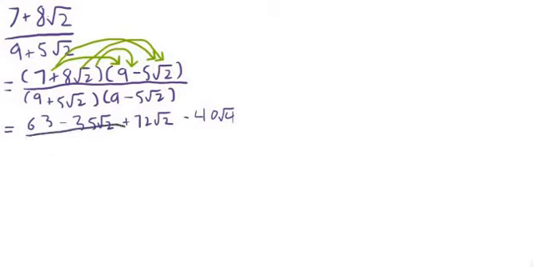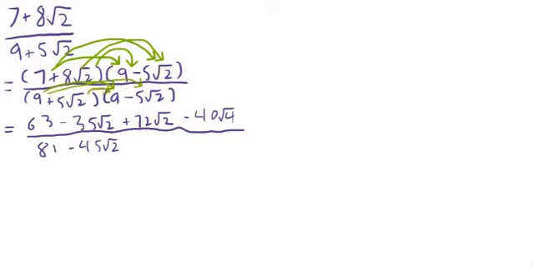But now we have to do the denominator. 9 times 9, that is quite obviously 81. Then 9 times minus 5 root 2 is minus 45 root 2. Then plus 5 root 2 times 9 is plus 45 root 2.